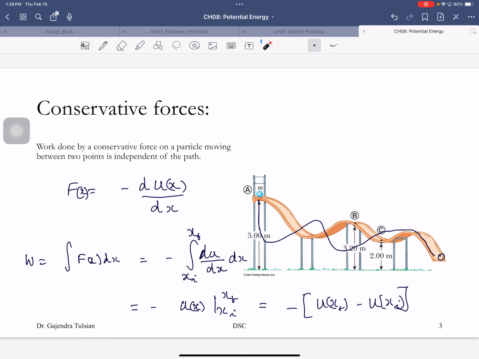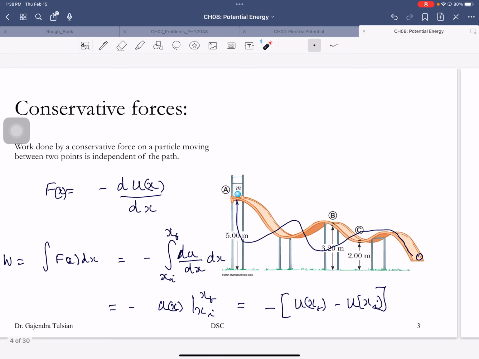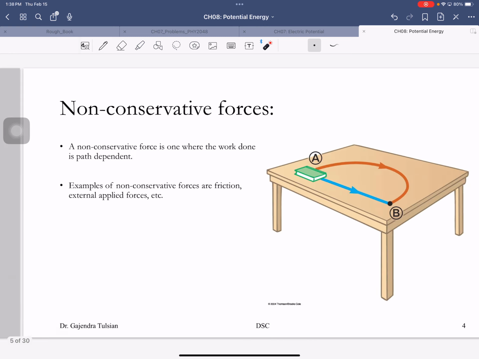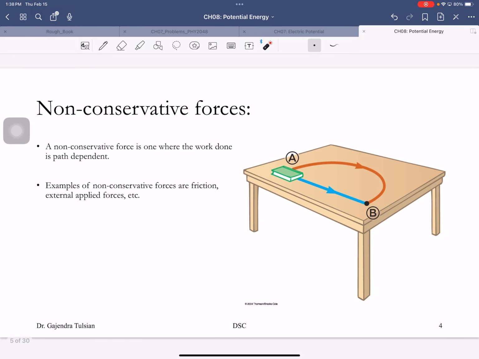So behind this statement is hidden all this math. Friction is a non-conservative force, and if you're pushing this book along these paths, those are non-conservative forces. And the work you do along this path will be different than the work done along this path. Okay?